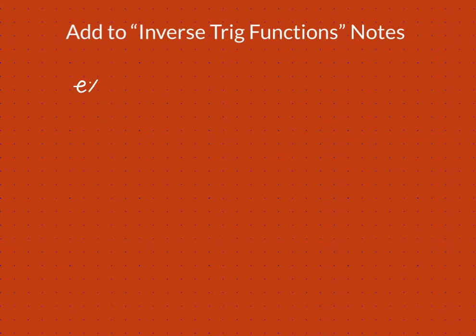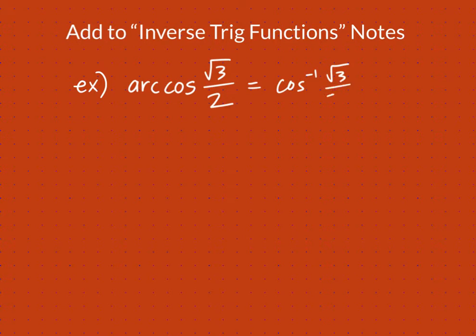Okay, we're going to run through a couple quick examples. I'm going to do one that looks like this because I want to remind you that it could be written in a couple ways. So this is saying the exact same thing as cosine inverse of square root of 3 over 2.